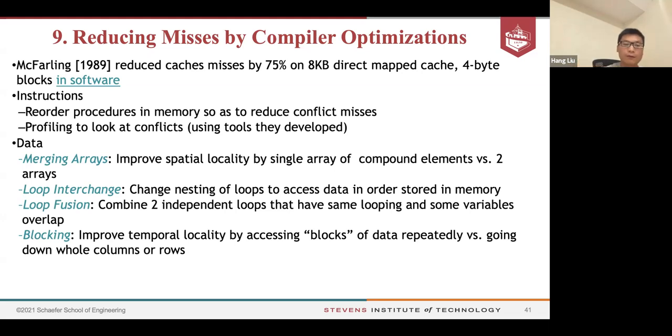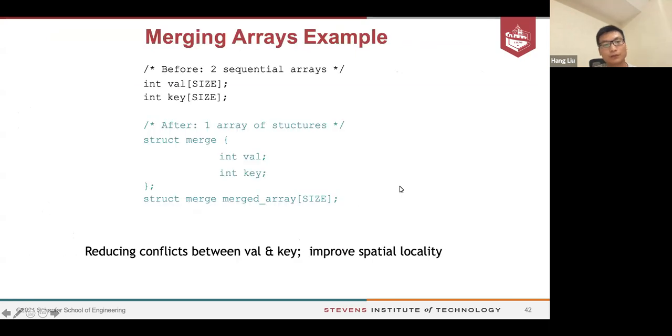We can do loop fusion, combining two independent loops that have the same looping and some overlapping variables. We can do blocking to improve temporal locality by accessing blocks of data repeatedly versus going down the entire column or entire row. These techniques are very popular, used even today, so please pay attention. Let's go through all of them.